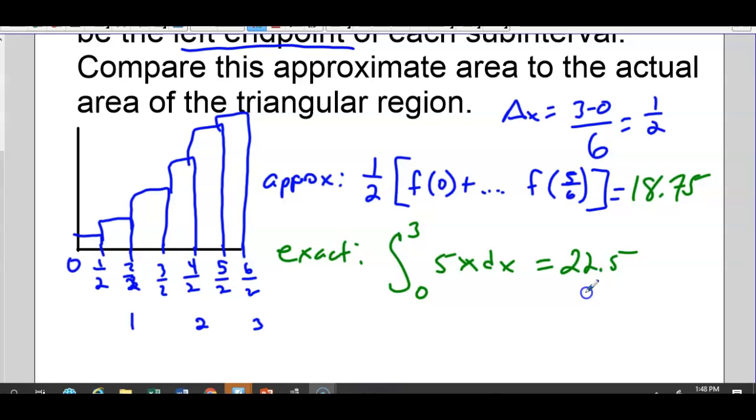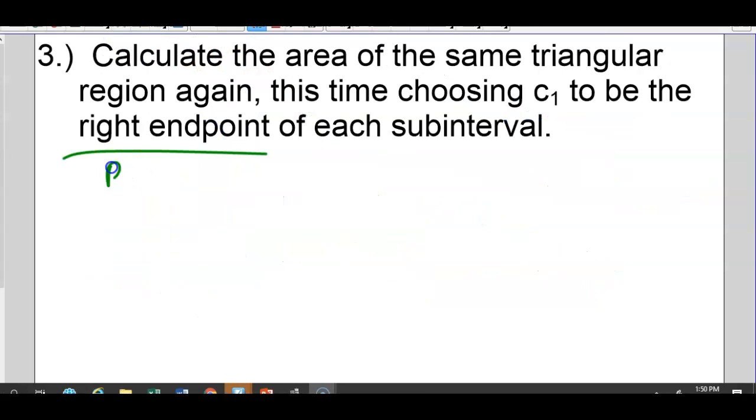No, so this is the right Riemann sum. You're not using the left endpoint. So this time when you find the approximation, what was delta x again? It's the same problem. Was it 1/2? So you do 1/2 times f of, not f of x, but f of what?